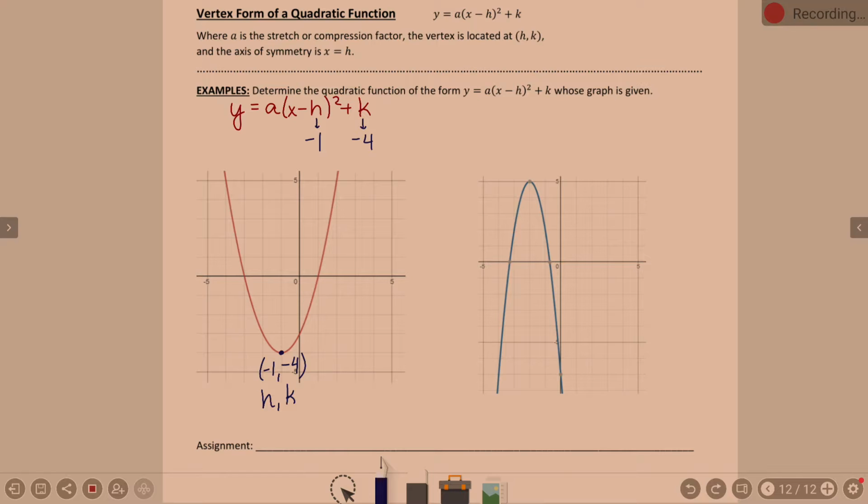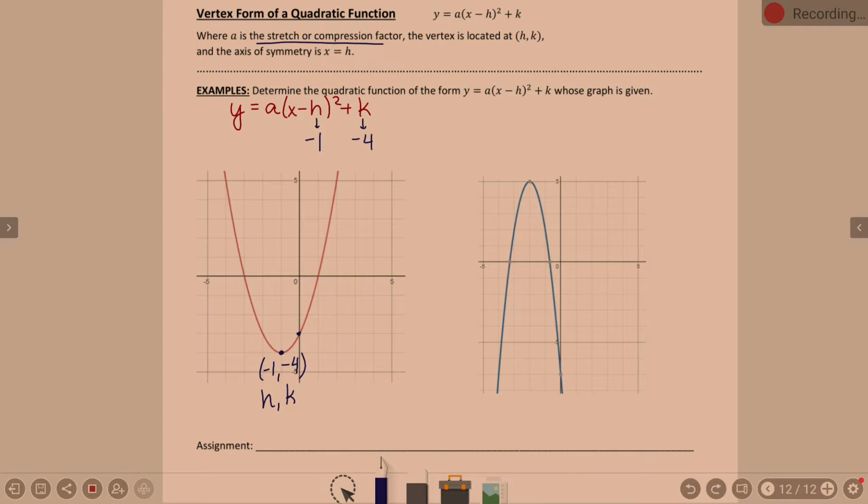Now, okay, the A is the hard part. Sometimes, at least. You have to stop and think, because A is your stretch or compression. What does a typical parabola do? The general parabola goes over 1, up 1. Does that match up? Yeah.